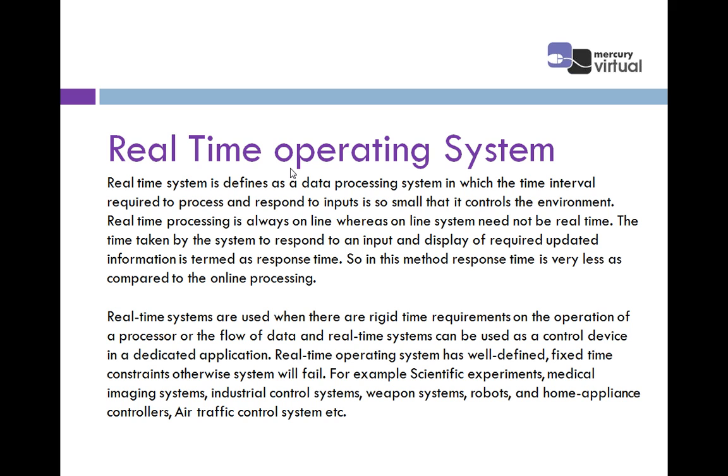If you are not able to give the pin code in the correct time, then automatically it gives an error that the card cannot be accepted, your time is out. That is a real-time operating system.